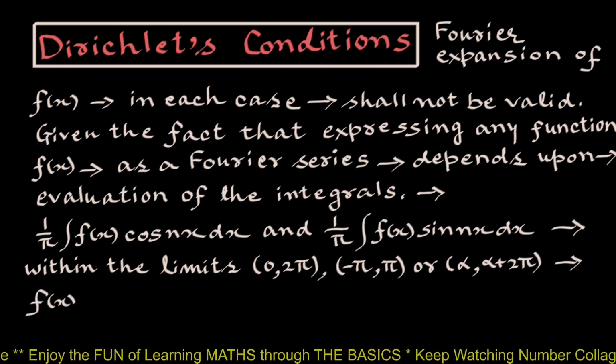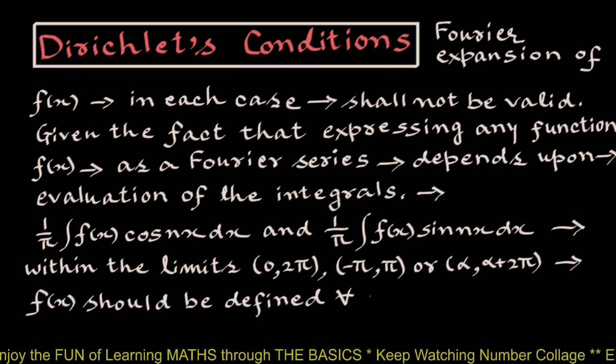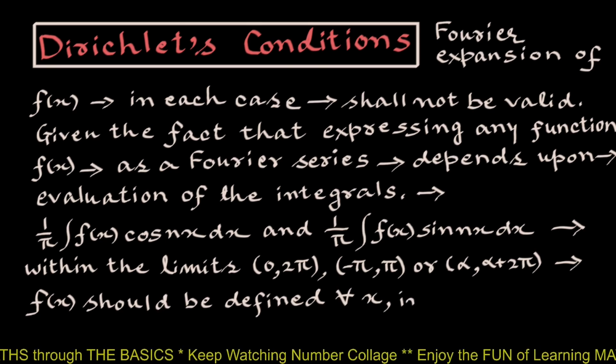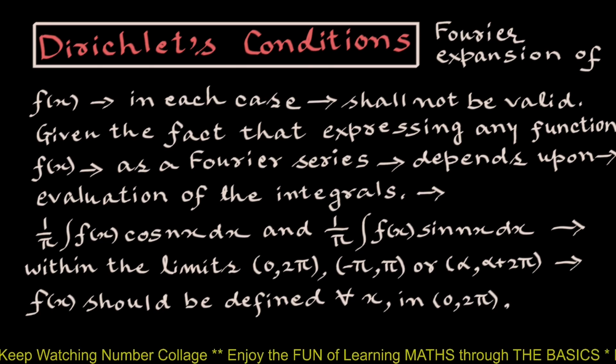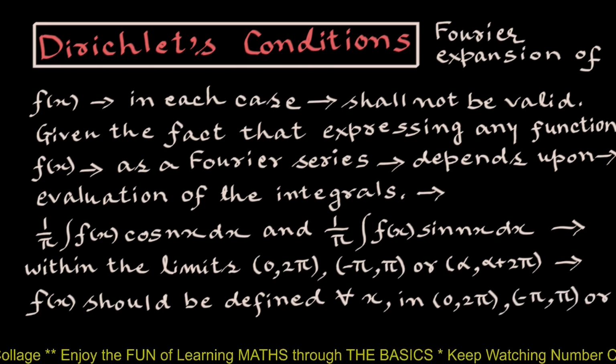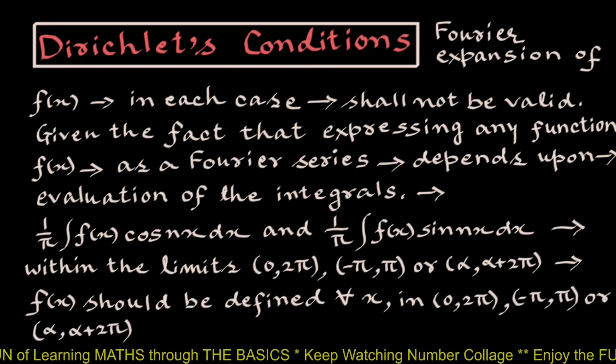Accordingly, f(x) should be defined for every value of x in the same interval, that is, in the intervals 0 to 2 pi, minus pi to pi, or alpha to alpha plus 2 pi.